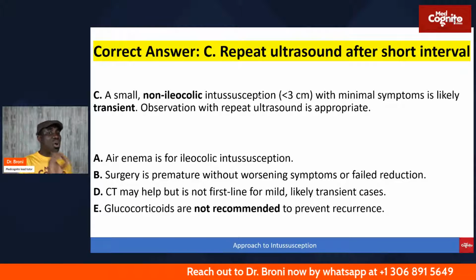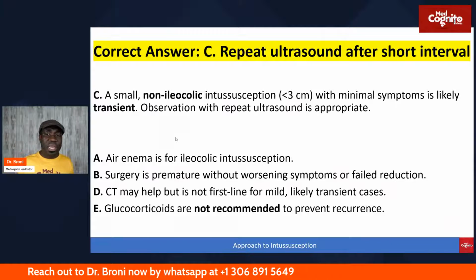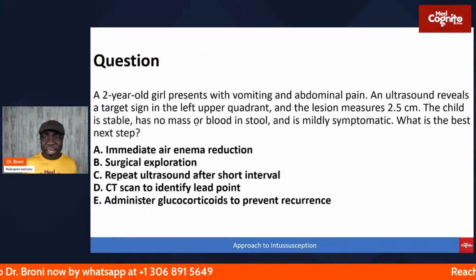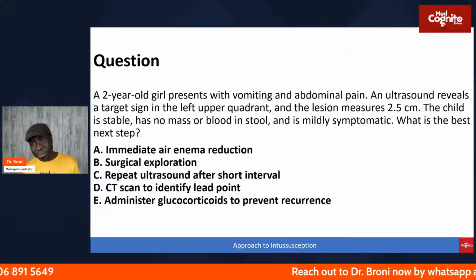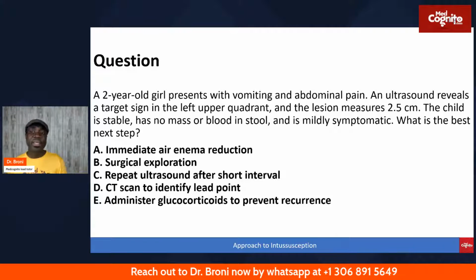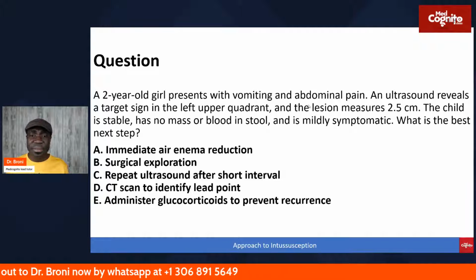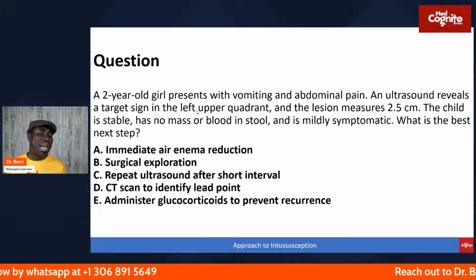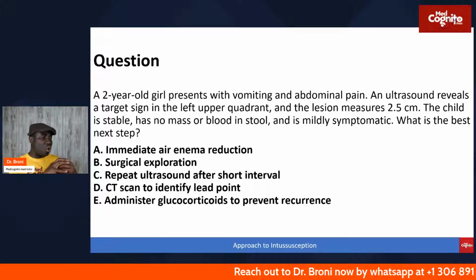Now, in ileocolic intussusception, remember, the target sign will be in the right lower quadrant, right? This patient's target sign is in the left upper quadrant. It's in the colon itself.